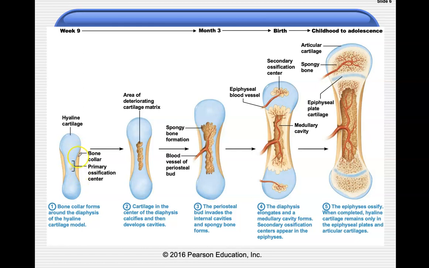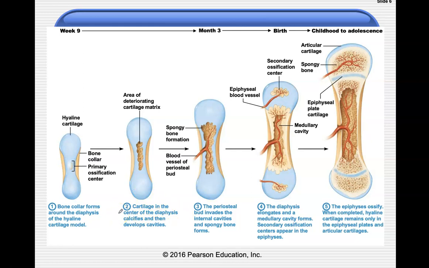And again, we secrete the osteoid matrix from those osteoblasts, and that forms this bone collar going around what will eventually be the diaphysis of the bone. But again, at this stage, it's still the hyaline cartilage model.